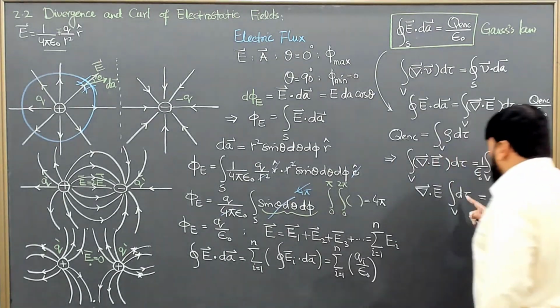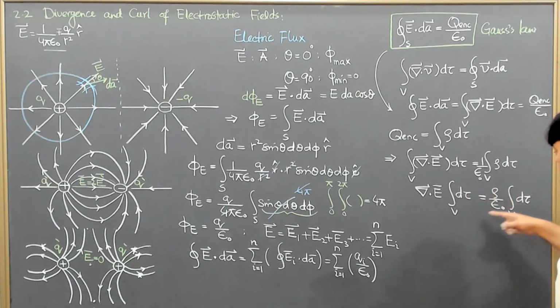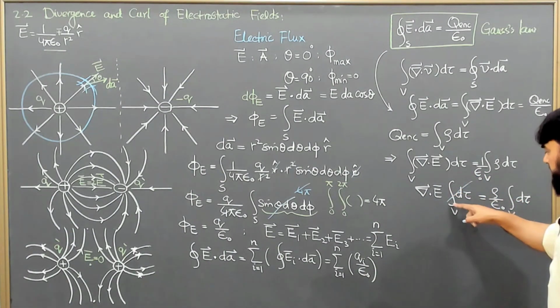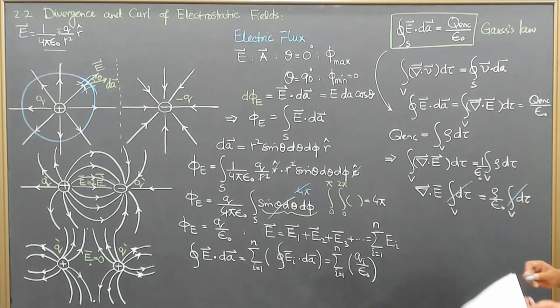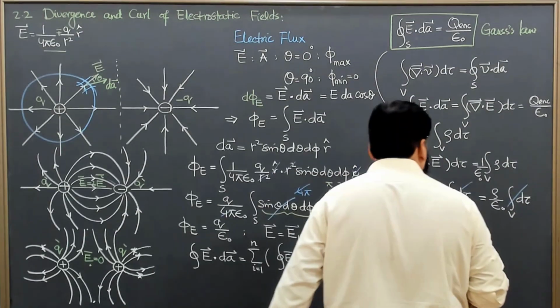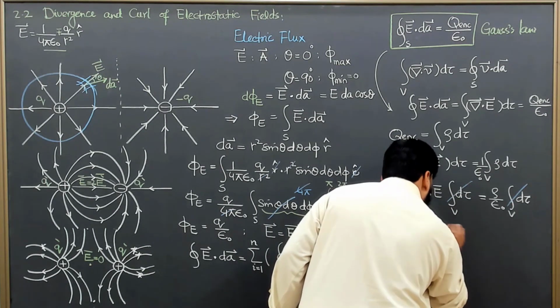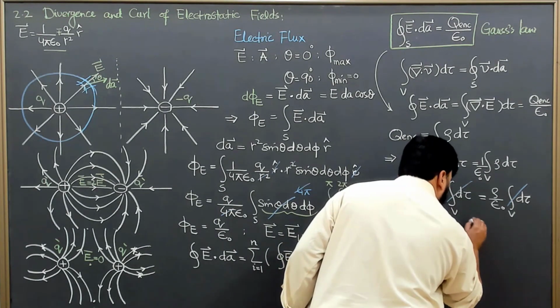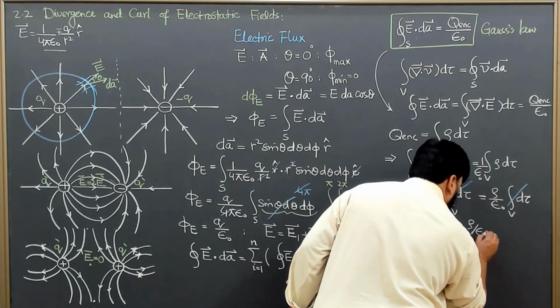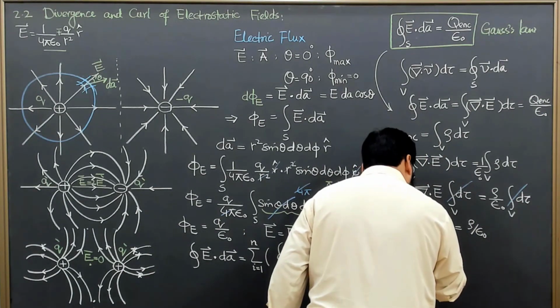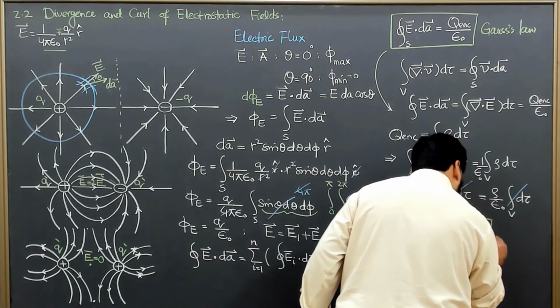As both are the same volume, on which we calculate the divergence and which encloses the whole charge, whatever the result of this side is the result of the other side, and they cancel each other. We get the divergence of E equals rho over epsilon naught, and this we call the differential form of Gauss's law.